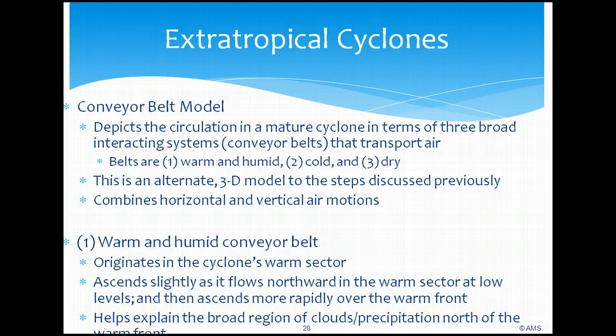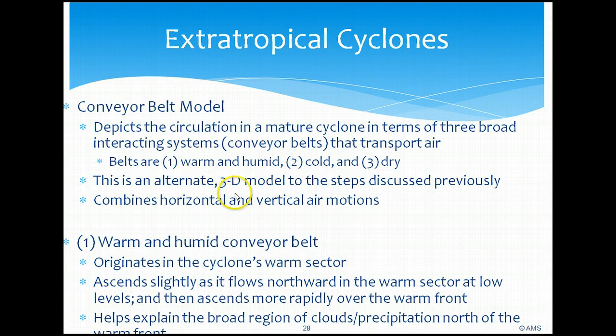Just as mechanical conveyor belts transport goods from one location to another, atmospheric conveyor belts transport air with certain properties from one region to another and are named for the type of air that they transport, that is, warm and humid air, cold and dry air.